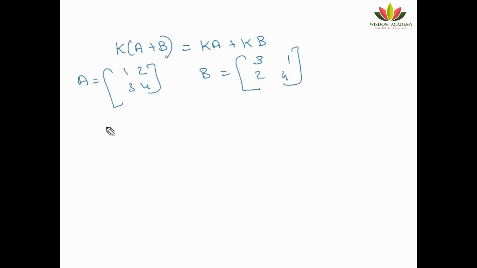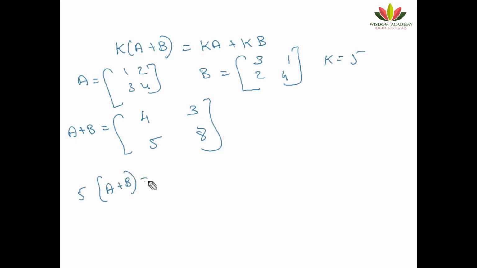First I take this side, A plus B. The corresponding elements I have to add, so 4, 3, 5, 8. Right? Okay. Then I am going to take the K value as 5. So 5 into (A plus B) is going to be equal to 20, 15, 25, 40.